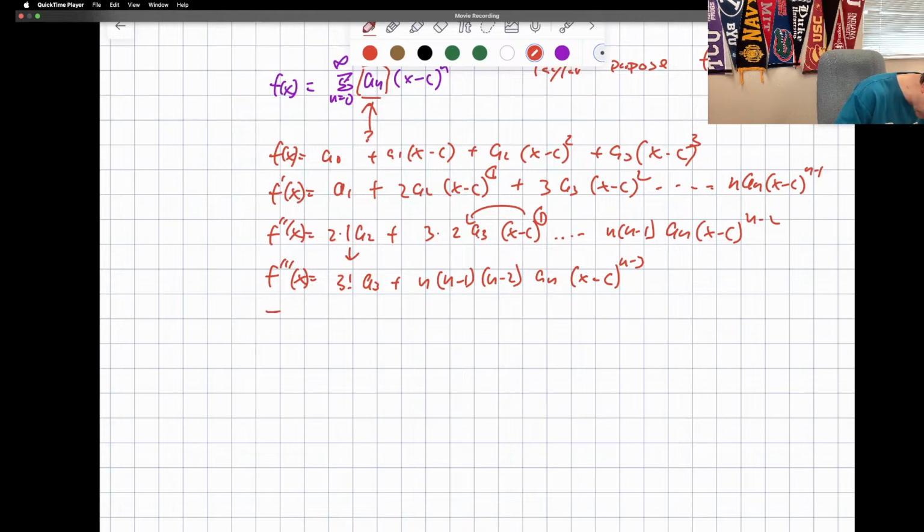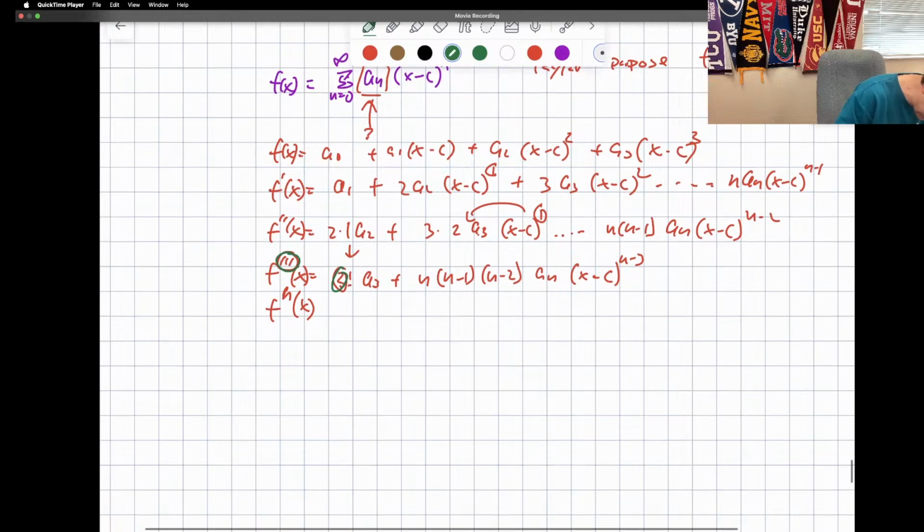Now, obviously, if I take the nth derivative, because this is 3, let's mark it as 3, and this is 3. So we know the derivative is going to be n times (n minus 1) times (n minus 2), dot dot dot. Well, we know this sums up to be n factorial.